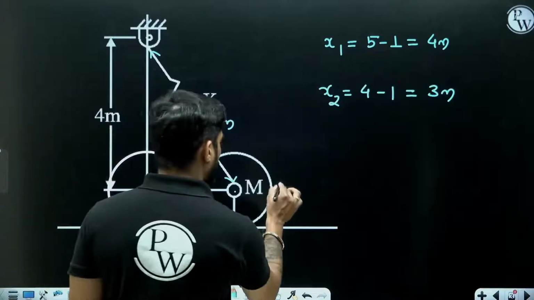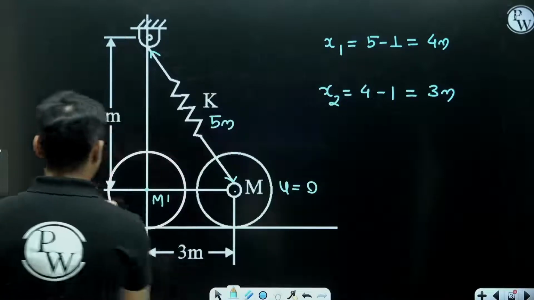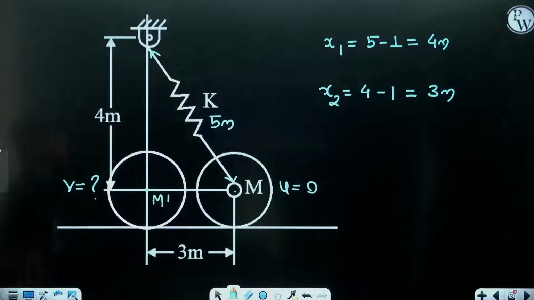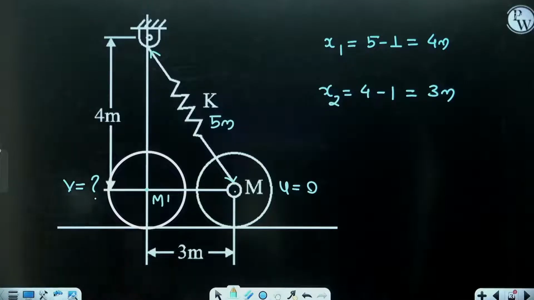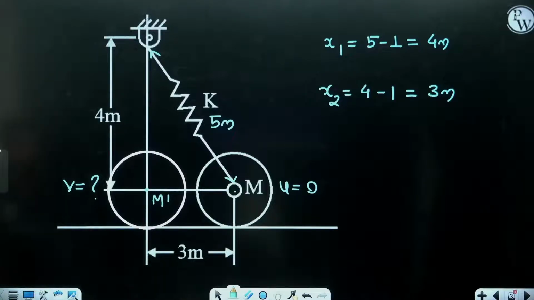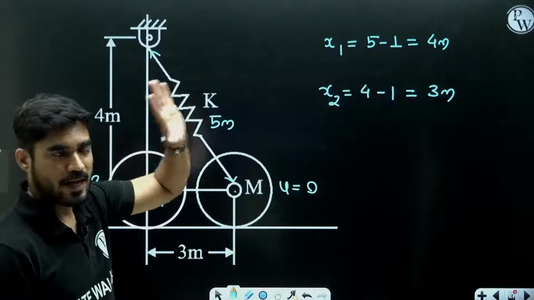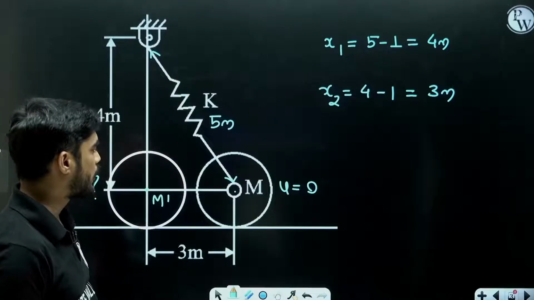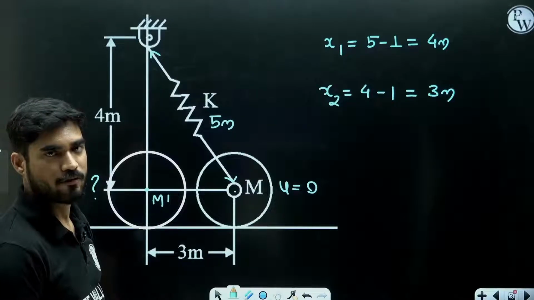So here u was equal to 0 and now we need to find what is the final velocity of the disk. Okay. Here we can apply conservation of energy. I told you that if the spring is involved, 99.99% chances you can apply conservation of energy. So here we are going to apply conservation of energy.